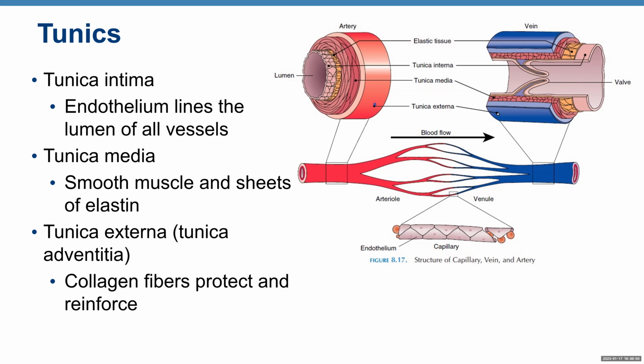So tunica externa is on the surface, then tunica media, where we have our smooth muscles and elastic tissue, and then tunica intima, which is called endothelium, so it's epithelial tissue, and the lumen is the space where blood is located.